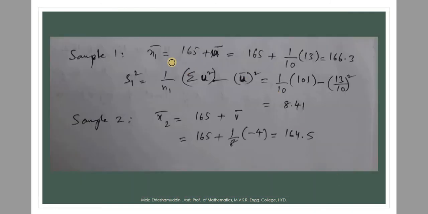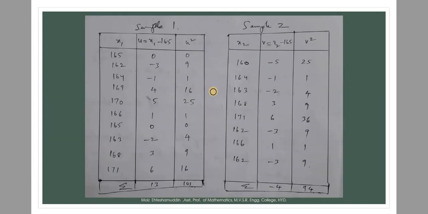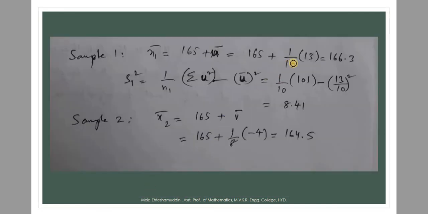Now x1 bar is 165, which is the assumed mean, plus the mean of these new u values. So 165 plus 1 by 10 times 13, because this u has a summation, sigma u, which is 13. So u bar is sigma u by 10, that is 13 by 10.